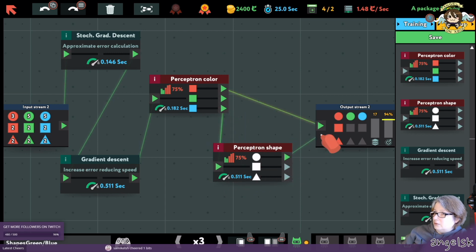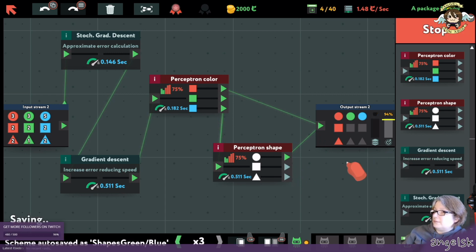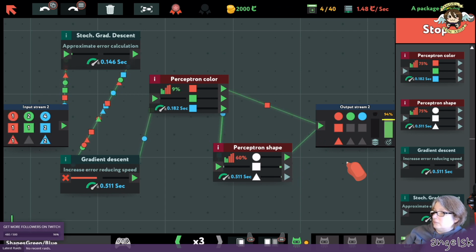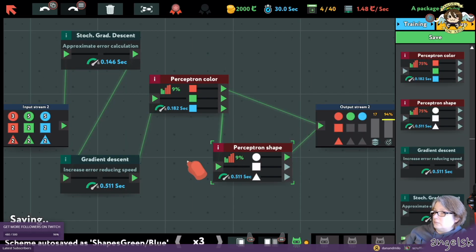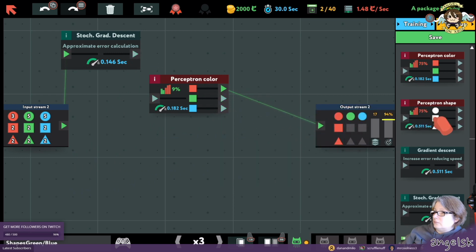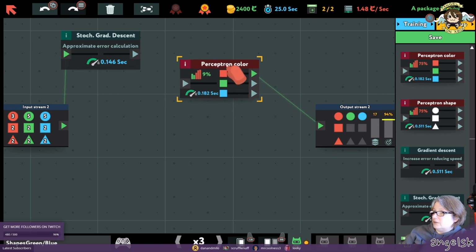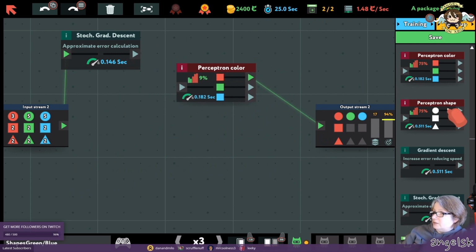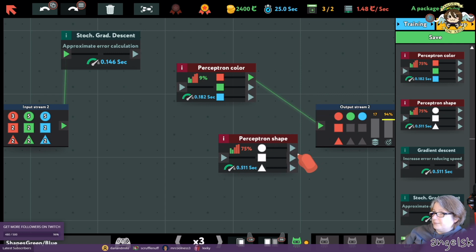And then circle goes here. And we don't have a trash. What are we supposed to do with the trash? Oh, great. It just got rid of one of my trains. Thanks. I wanted you to do that.